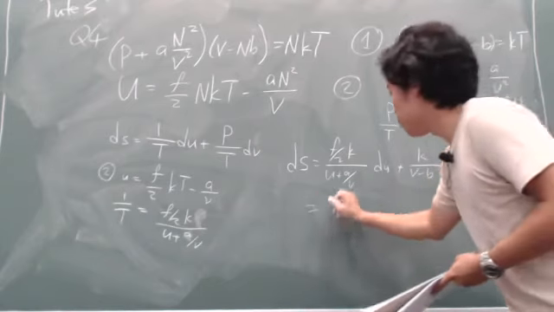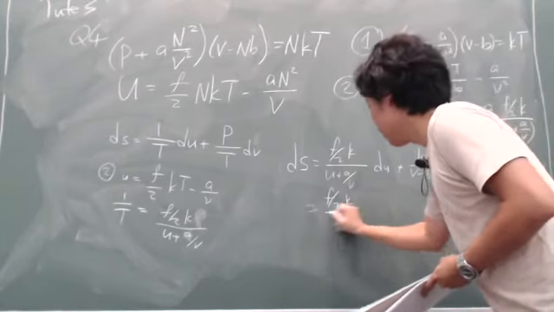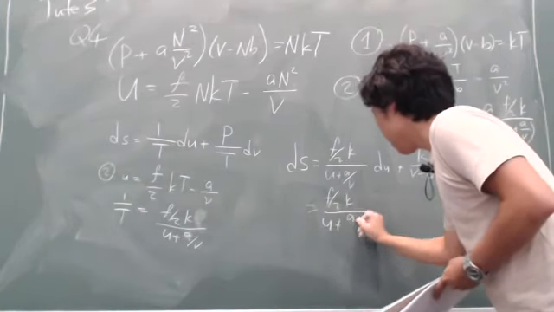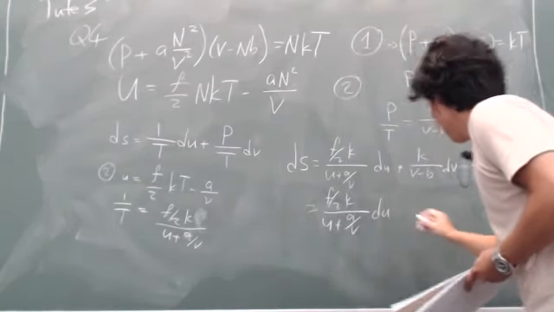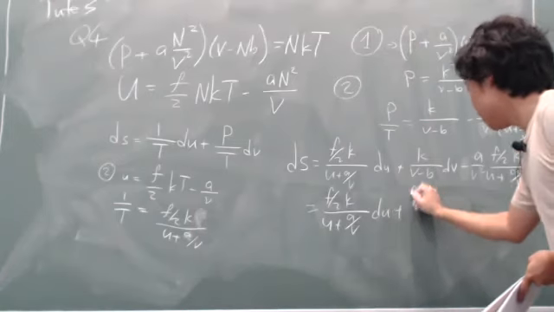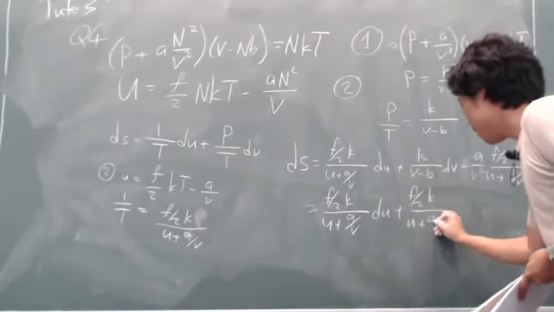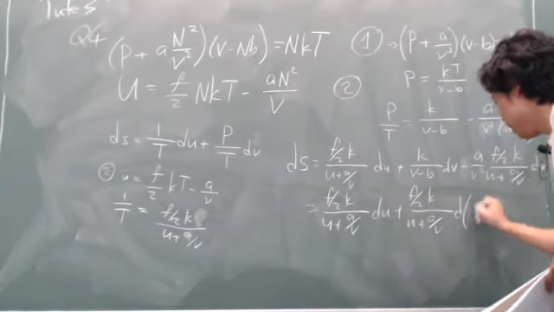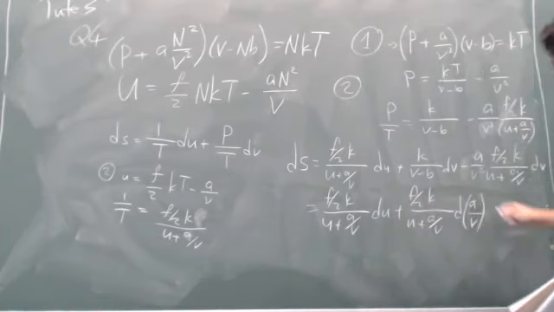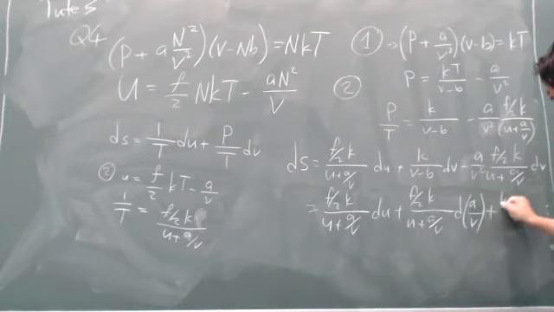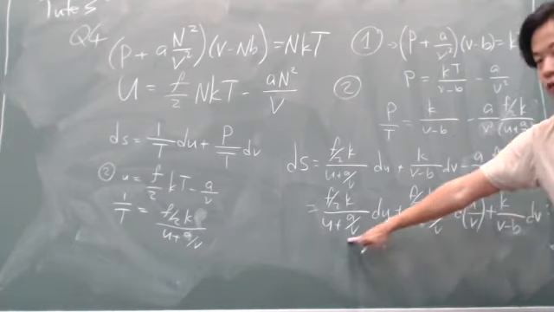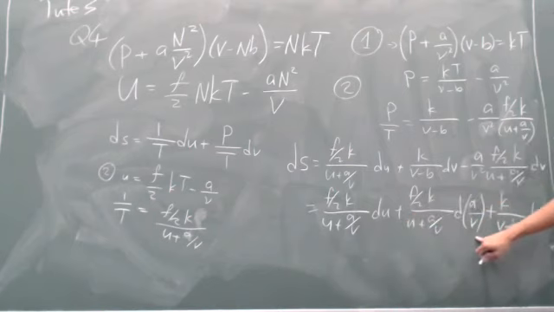So this is equal to F on 2K divided by U plus A on V du plus F on 2K divided by U plus A on V d A on V. And then plus this last term that just stays the same. Now we see we have two of the exact same coefficients and two differentials.